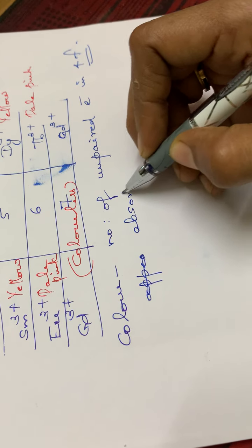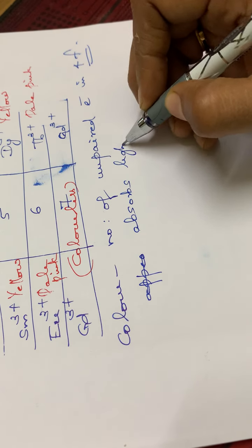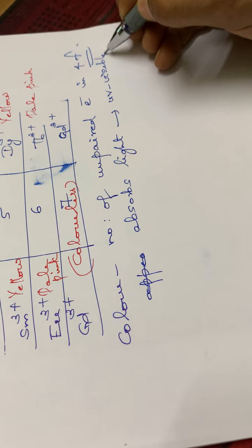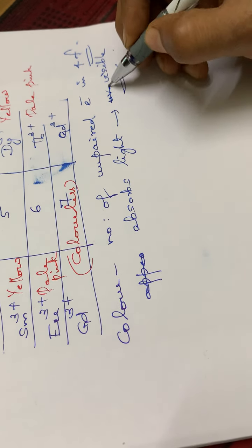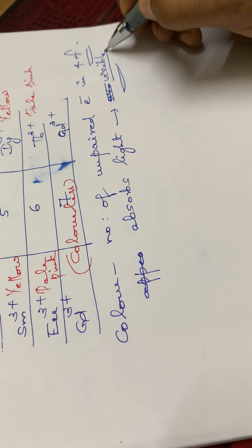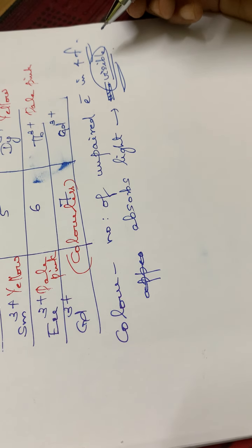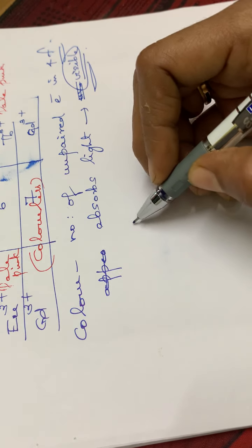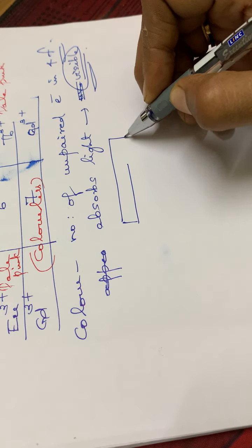It will be absorbing light from the UV visible region, isn't it? If it is absorbing light in the visible region mainly, the compound will show color, isn't it?